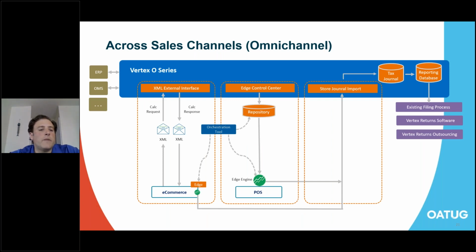And this is a very quick example of what it looks like across many different sales channels. In this particular case, you've got an e-commerce website that might be running Edge as a backup, and it's communicating directly with O Series, but the Edge Control Center is pushing containers into a neutral repository, and you, the client, have control over the orchestration tool, which is moving these Edge instances into the stores and into the location where it needs to be a backup for e-commerce.